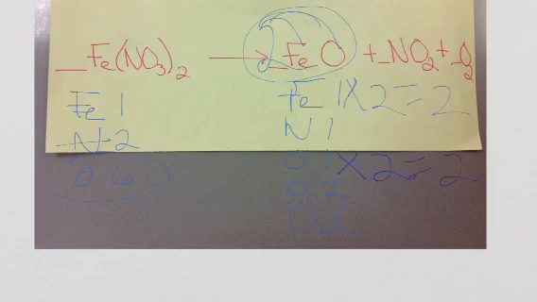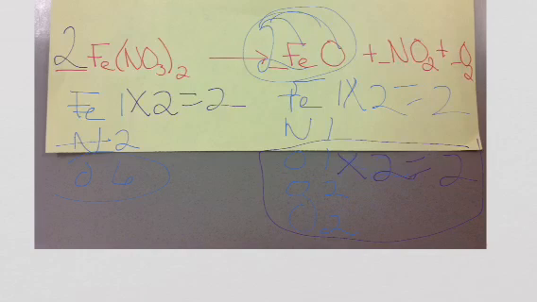That at least is going to give us our O's to an even number. But it's going to mess up FE. So let's go ahead and fix FE. So that 2 is going to basically be times everything on that side.